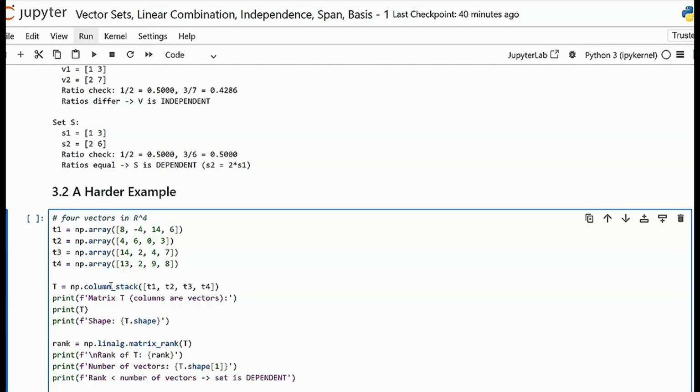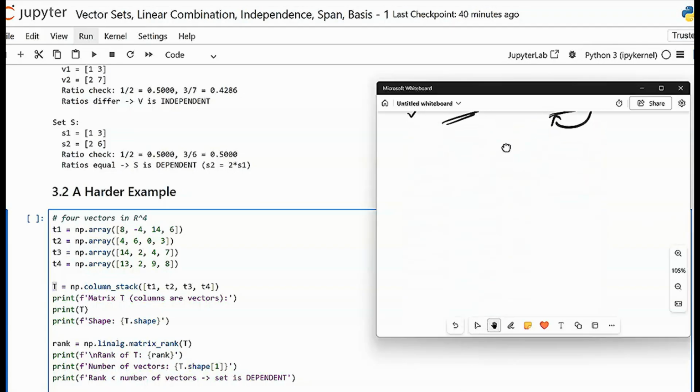Now let me stack all four vectors as columns of a matrix. Here T, which is equal to, uppercase to differentiate, resembles R 4 by 4.